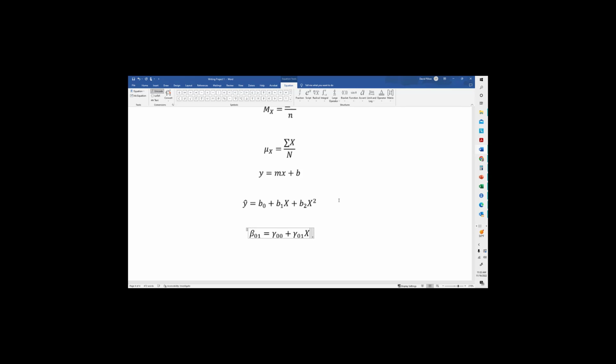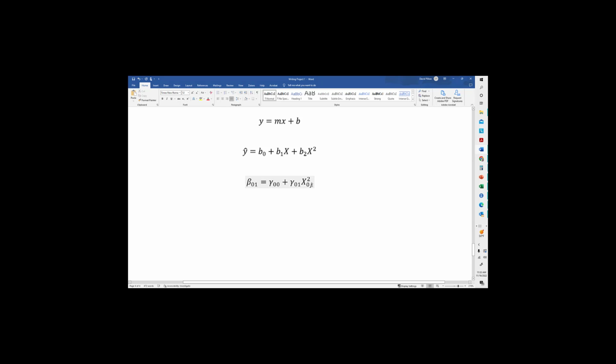So if I'm going to put in superscripting, I go 2 and then subscript x, superscript 2, subscript 0J. And look, it's beautiful. It's both subscripted and superscripted, and I didn't have to bother with going over here to my commands.